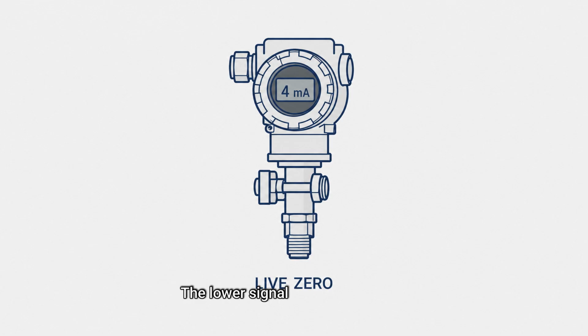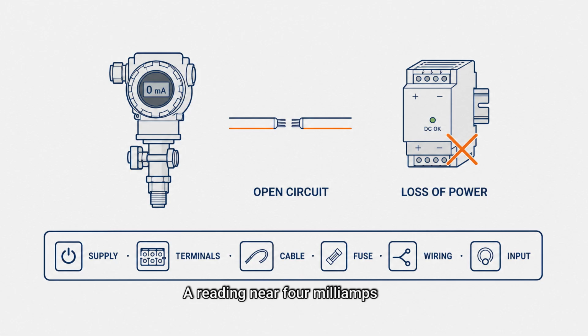The lower signal is deliberately set above 0. In normal operation, 4 milliamps indicates the powered transmitter at its lower range value, that is 0 bar for this example. The extra 4 milliamps is called live zero. This gives the control system useful fault information. A reading near 4 milliamps can represent a genuine low measurement.